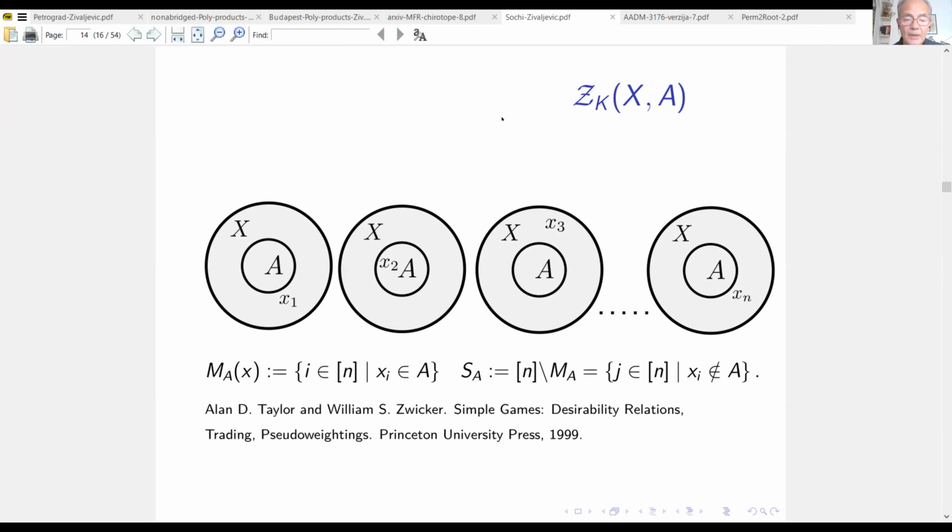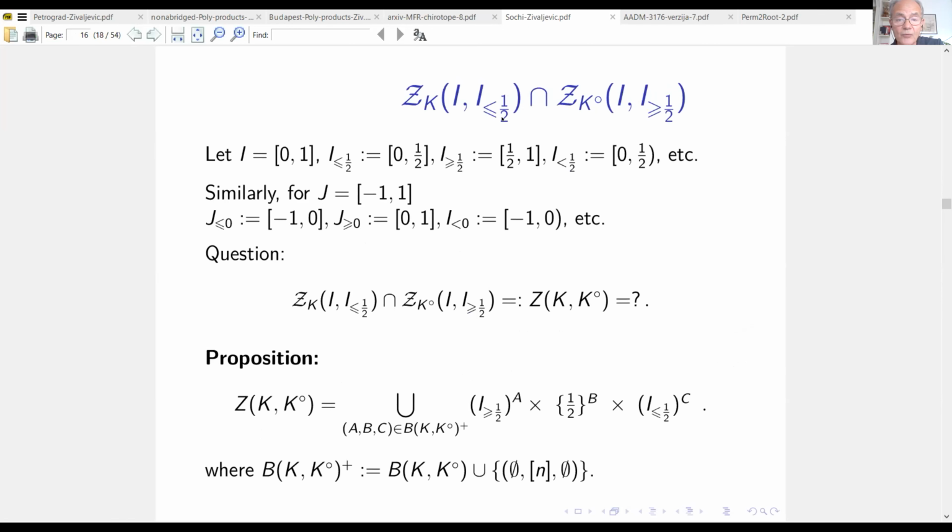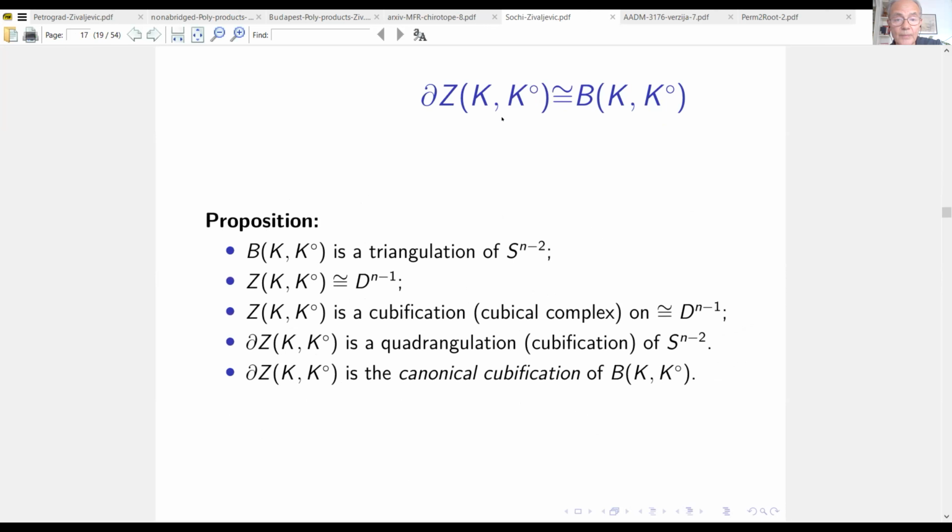For example, here I express the definition of polyhedral product in terms of winning coalitions. But I will pass. This is just for those who look at these transparencies, to look at these connections and maybe find some questions interesting to work on.